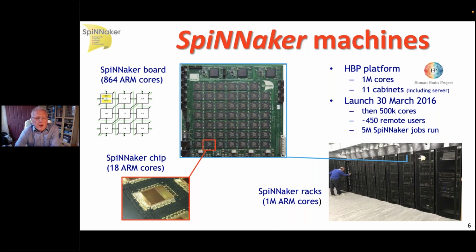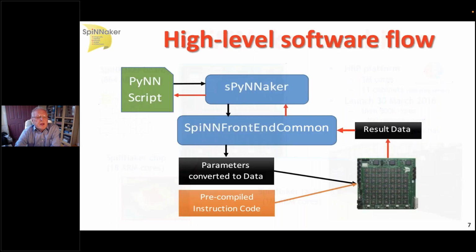Now, of course, at the low level, what's executing on this machine is real-time software running on these small ARM cores in a massively parallel configuration. We don't expect our users to understand how to work with that kind of low-level technology. So we have a software stack which enables users to describe their problems in a standard language, and the one that most of our users use is PyNN, also developed within European projects and supported within the HBP.